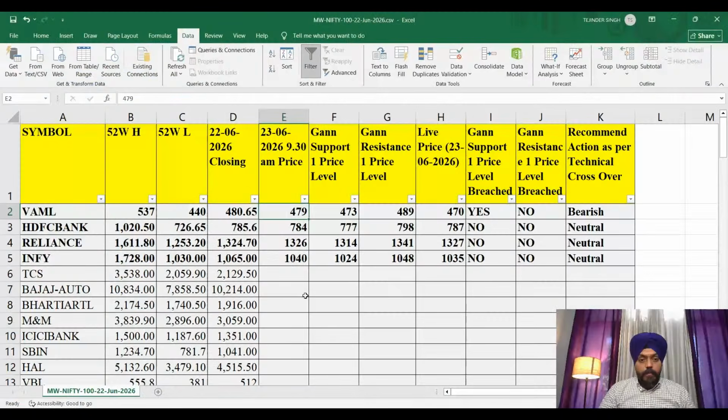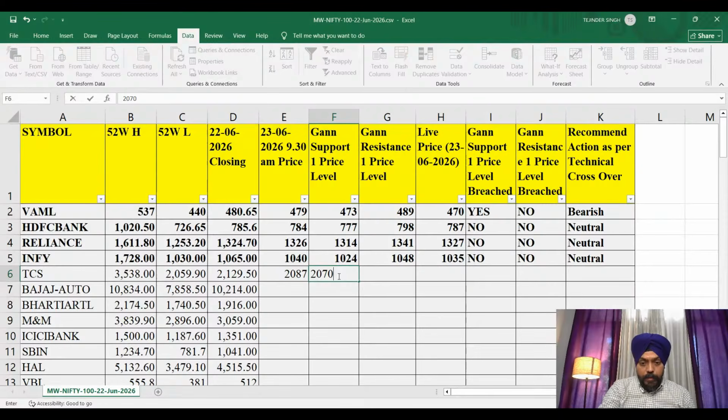Now I'm taking you to the Excel. So here we go, using the Excel, and here is the Excel. What I will do is, TCS's 930 M price was 2087. Gann support 1 was 2070 as per the 930 M price, sorry.